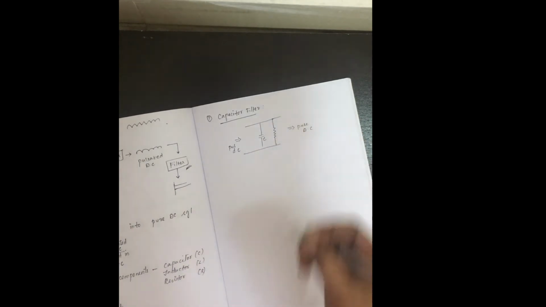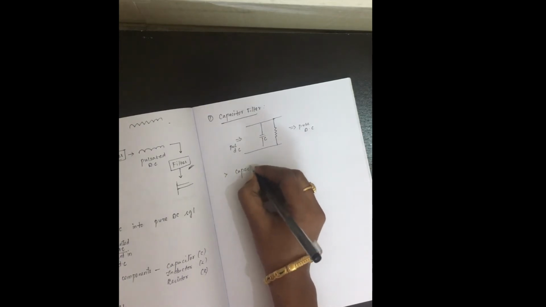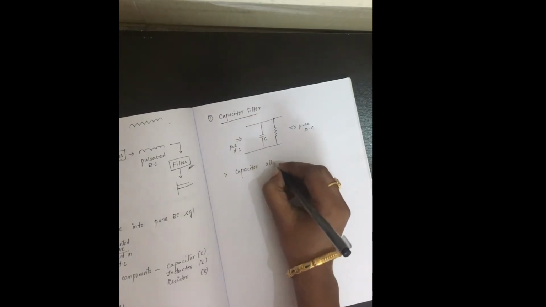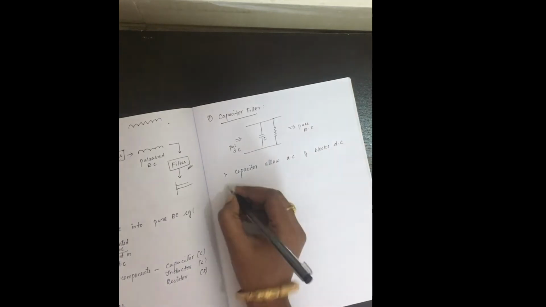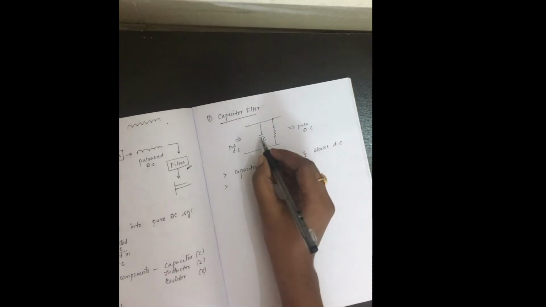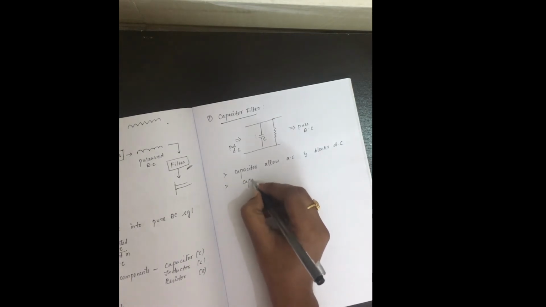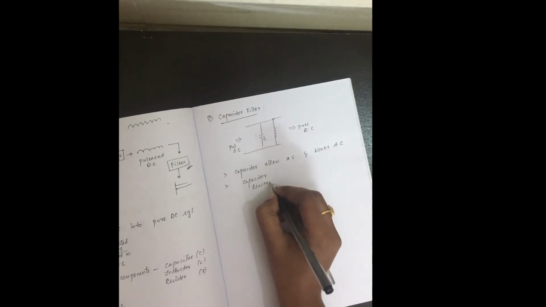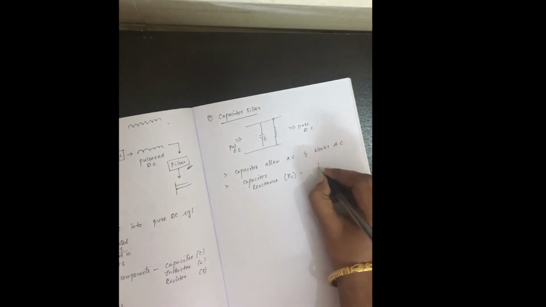The capacitor actually allows AC and blocks DC signal. I'll explain how. We know the capacitor reactance, which is denoted as Xc = 1 by 2 pi fC.